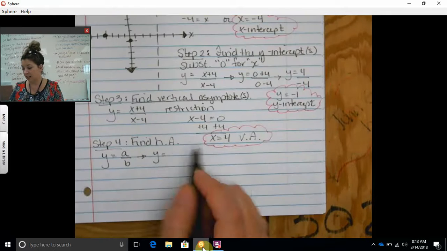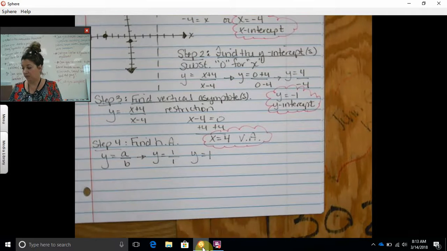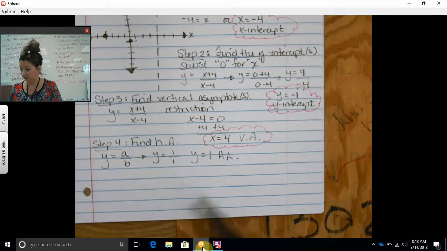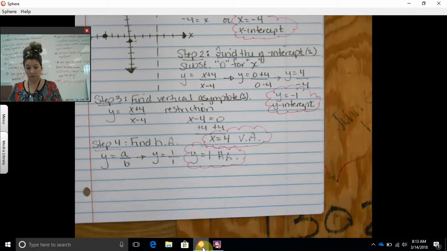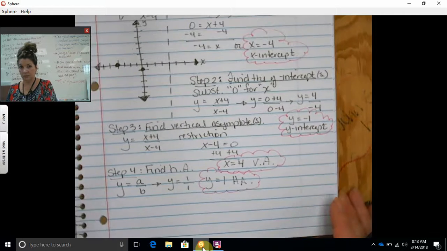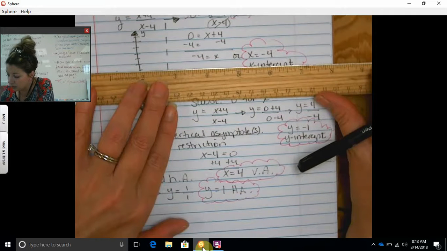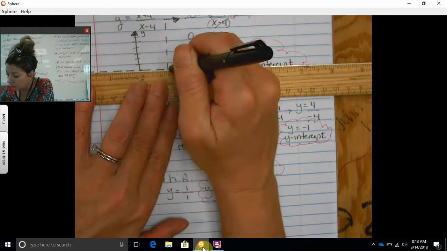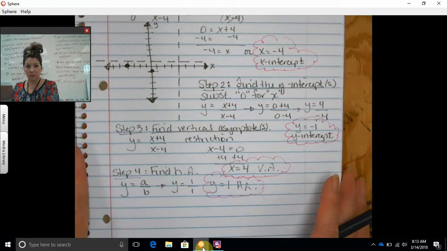So just like on the last example, 1 divided by 1 is just 1. That's our horizontal asymptote. So on the y-axis, a horizontal asymptote through positive 1.